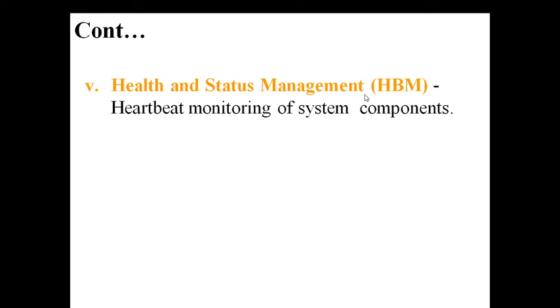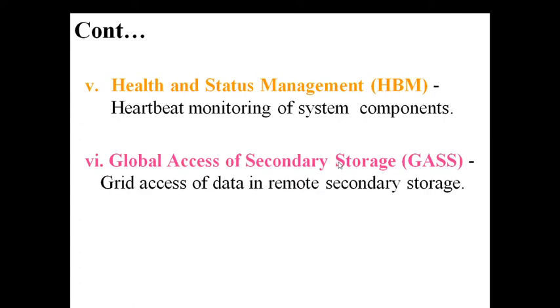Health and status management means it will find out the status of the resources. Okay, see, whether the resources are working properly or not. If it is working properly, it will give the heartbeat to the maintainer. The maintainer will take care of the resources, right? So that is called health and status management. Next, global access of secondary storage. See, if you want to store your data, any grid service provider has to maintain the secondary storage, right?